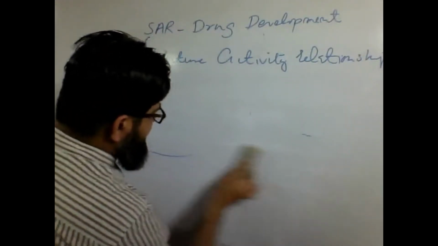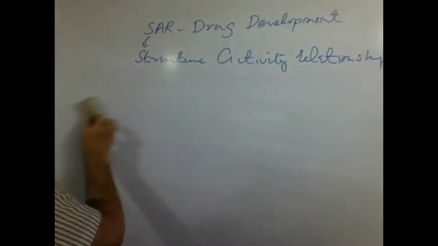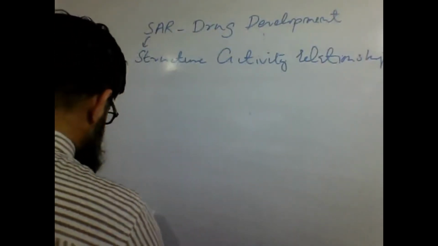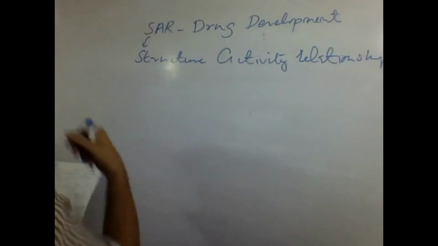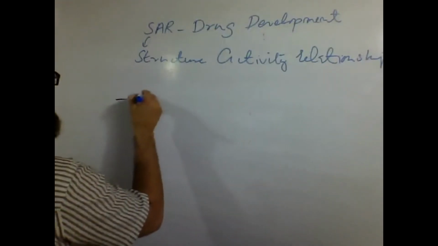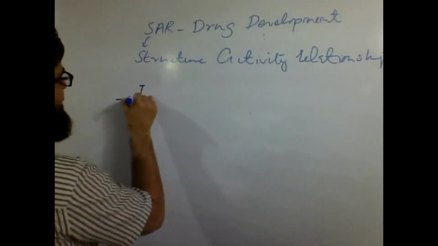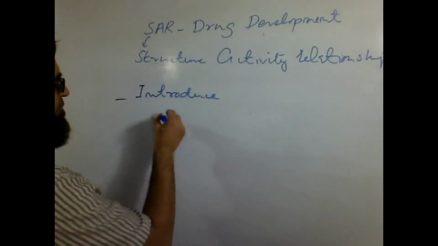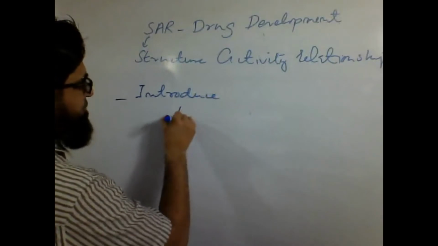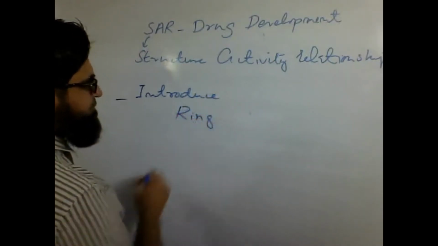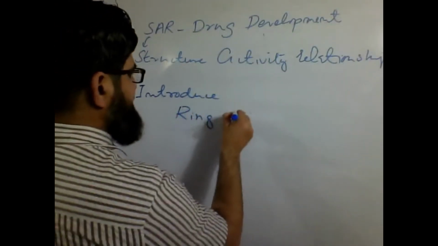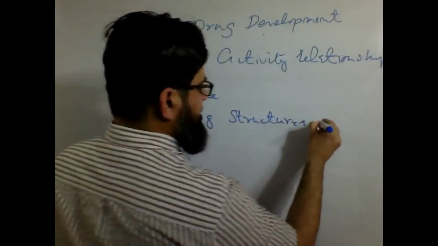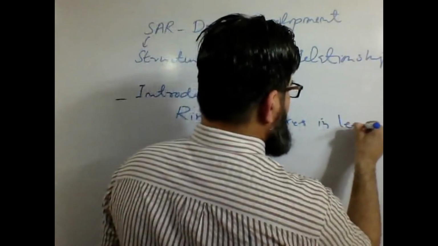And what about the general structure activity relationship? What is that? We can introduce ring structures in the lead molecule, you know.